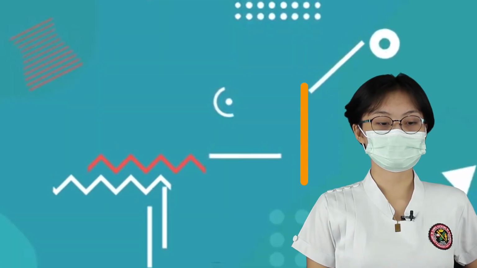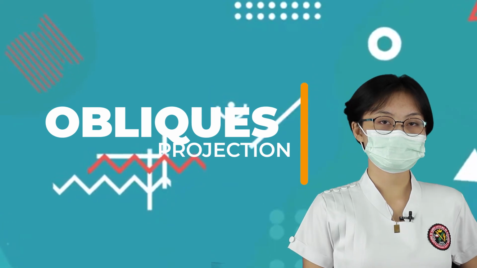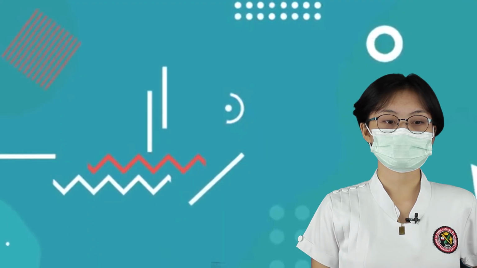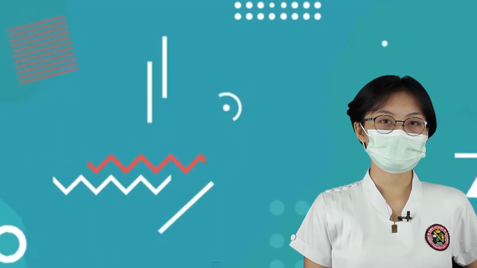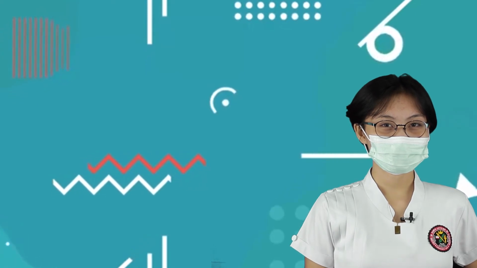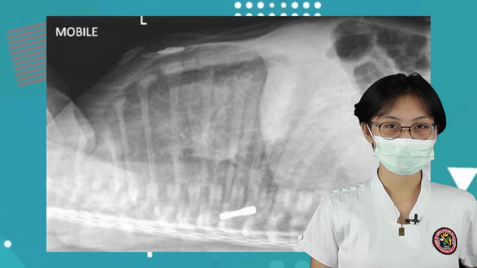For oblique projections, if both the right and left side of the body are included, like spine, chest, and abdomen, the side down or nearest the image receptor is typically marked. For example, for a left lateral decubitus, a left marker is shown.